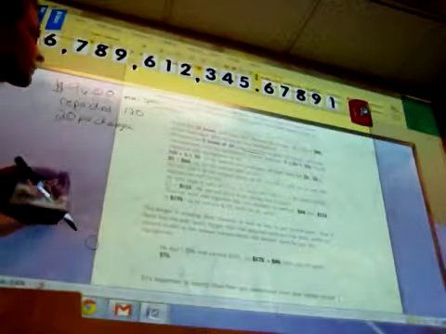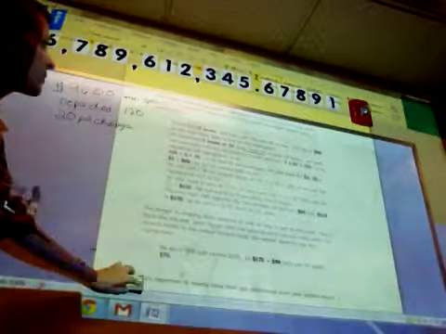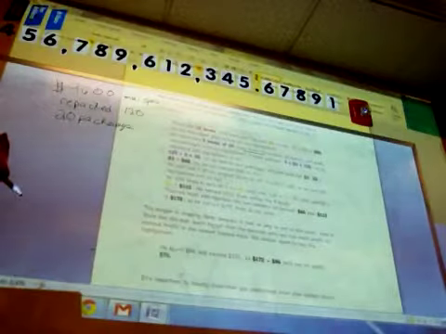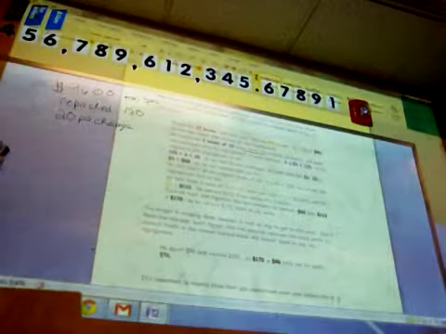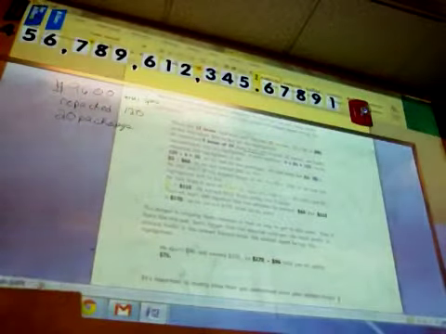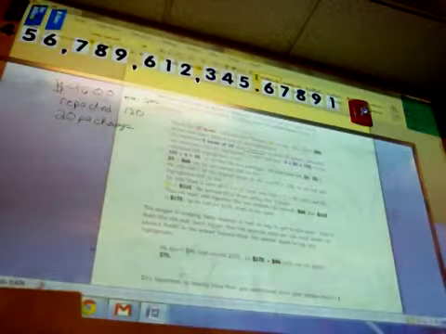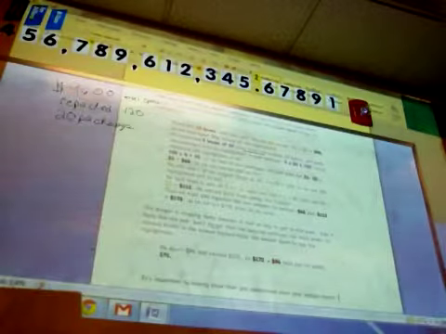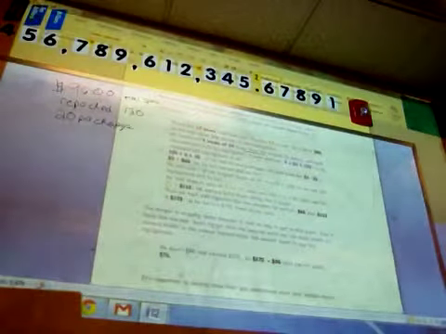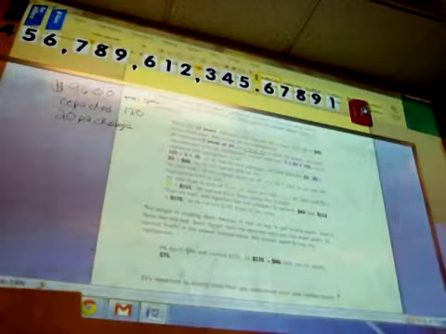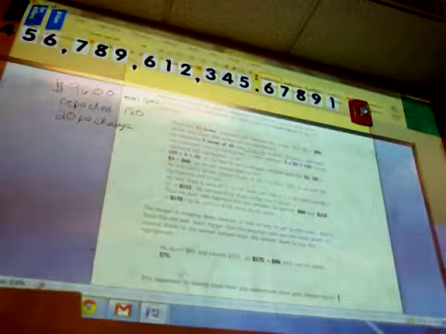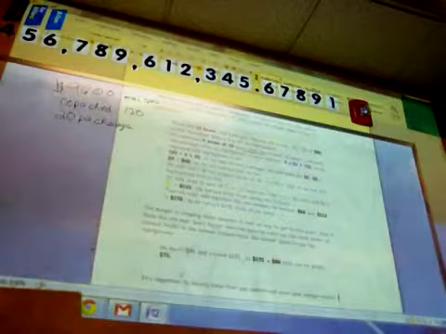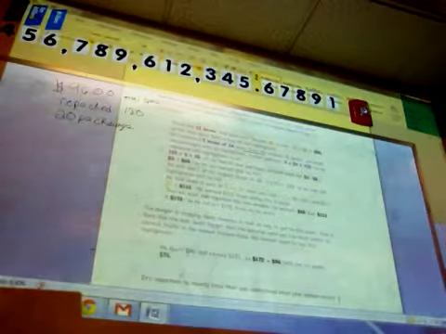Now, he sold each new package for $3. Is that what the paper said? I need to look. $3 per package. All right. So let's figure this part out. If he sold each new package for $3 per package, let's see how much he's made so far.